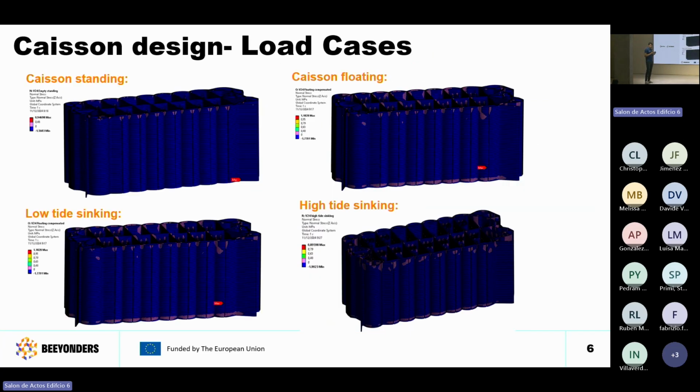Here are some results where we calculated by finite element simulation how this new geometric design performs in different loading conditions through caisson standing, floating, transport, and the sinking phase of the caisson, where the hydrostatic pressure counts.